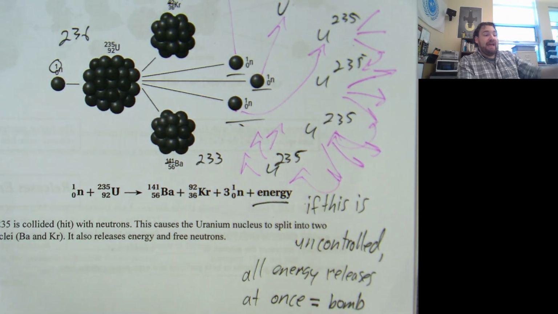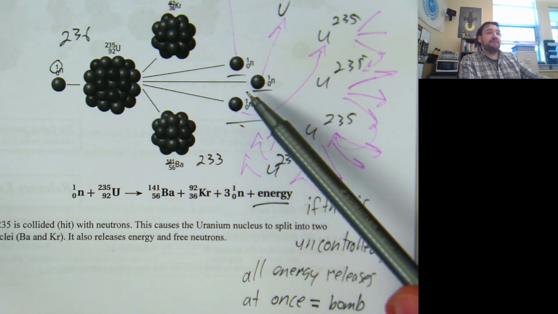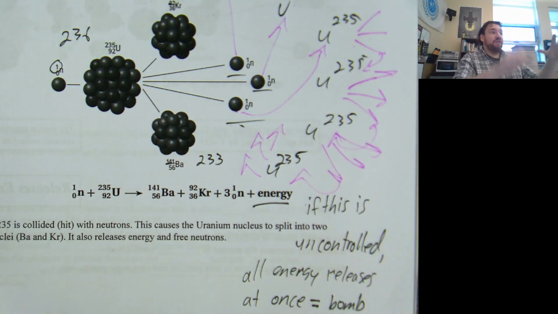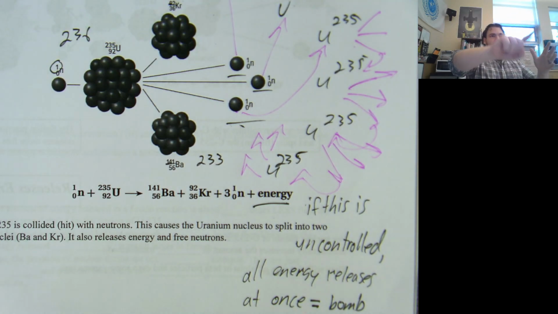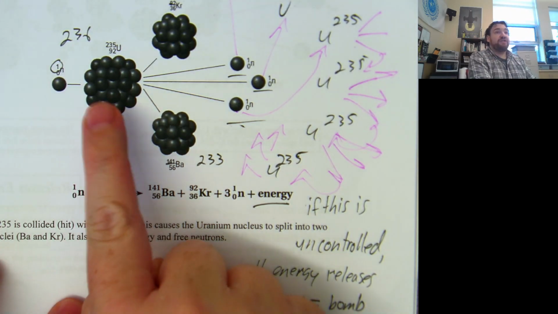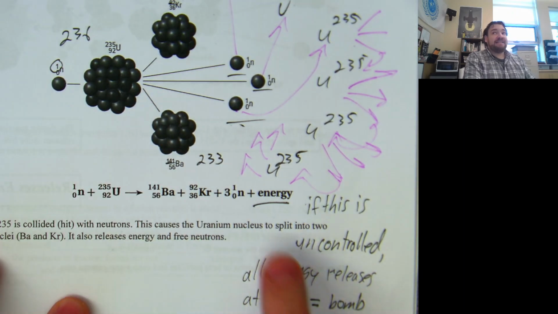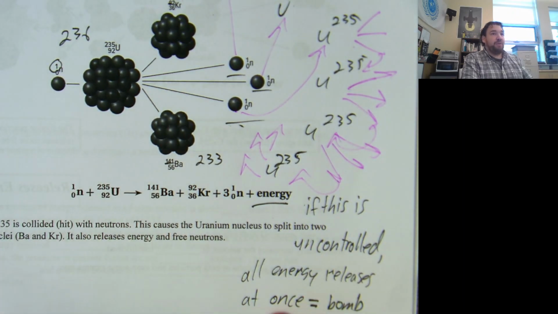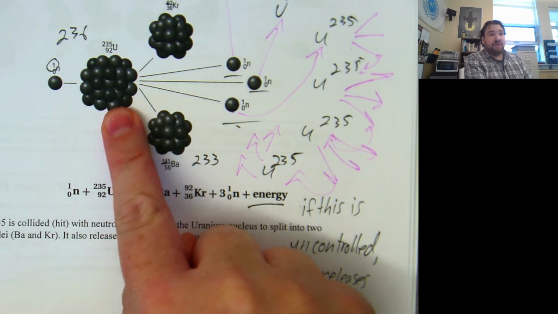If you can regulate how many neutrons are released, you can take this uncontrolled explosion and focus it, one at a time. And now this fuel, instead of getting blasted in one large explosion, can last 25, 30 years.